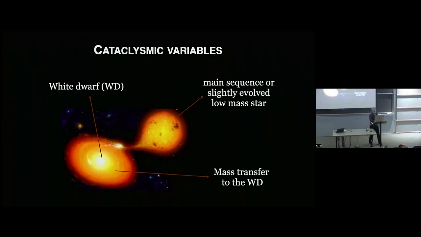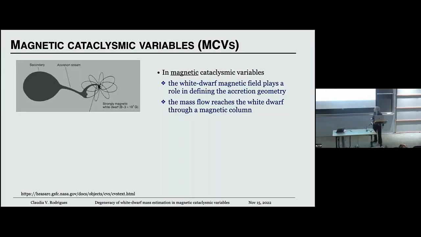But in a magnetic cataclysmic variable, at least near the white dwarf, we do not have the accretion disk. We have a magnetic accretion column. There are some systems in which we have an accretion disk, but it is truncated near the white dwarf.